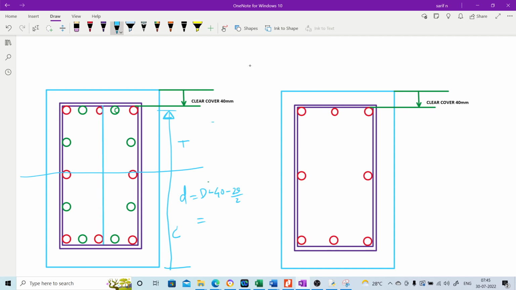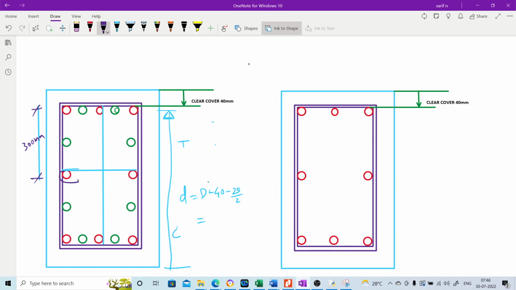Similarly, we will have to provide one cross tie here also, just to ensure that the distance between these two bars, center to center of these two bars, is not exceeding 300 mm. It should not be greater than 300 mm. That is why we are providing cross ties.